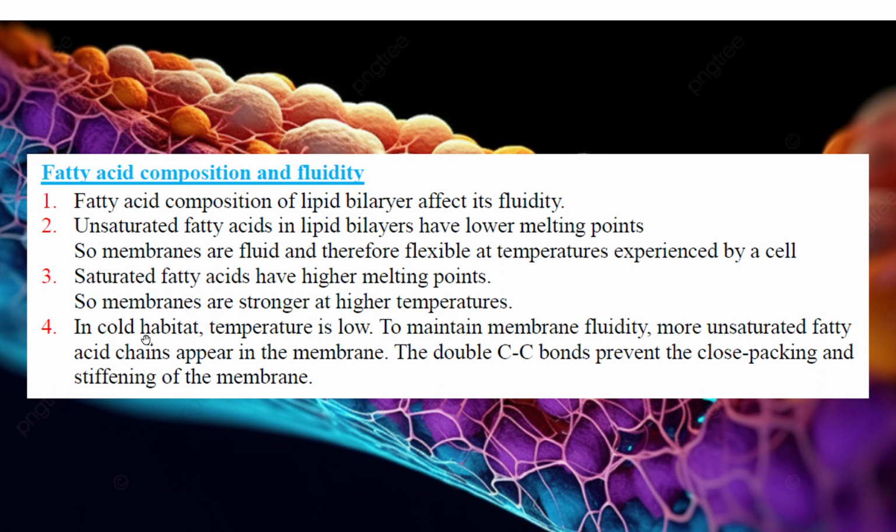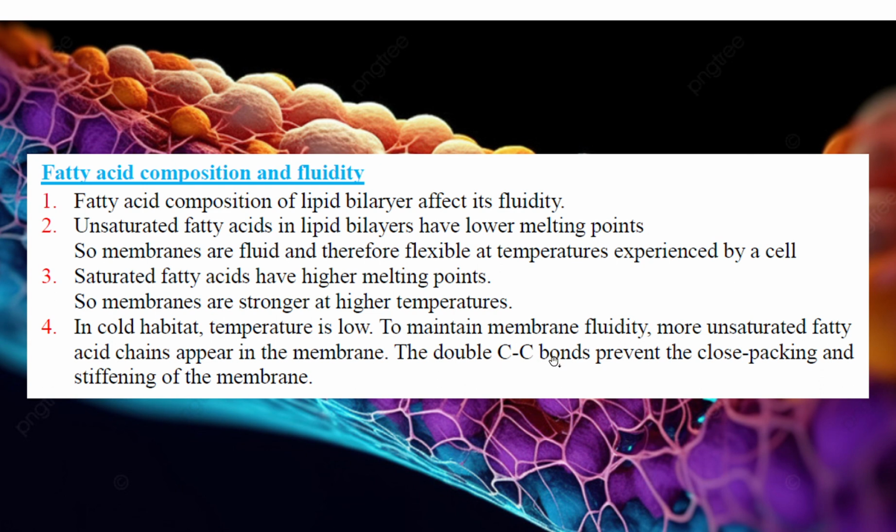So how can the membrane change? In a very cold habitat, the fatty acids might freeze with each other, so they have to have a lower melting point so that they don't freeze, to keep the fluidity. So in a cold habitat, with a low melting point, is it more saturated or more unsaturated?